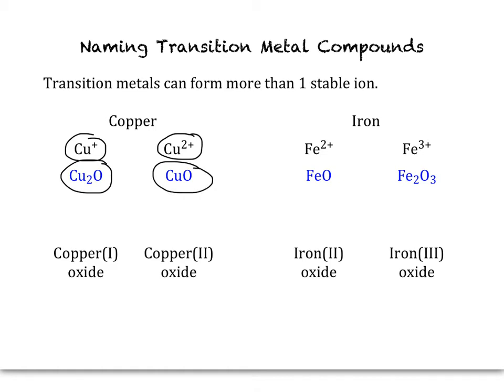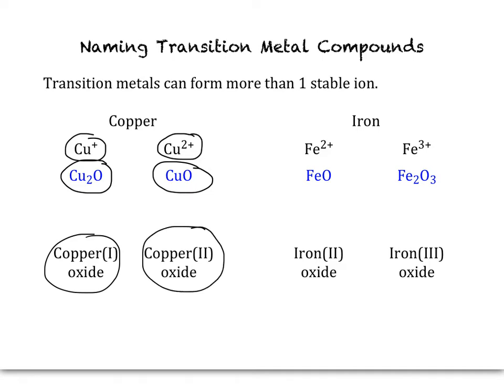To tell them apart, we state which copper ion we are talking about. Cu2O is made up of Cu1+ ions, so is the copper 1 oxide. CuO is made up of copper 2+ ions, so is copper 2 oxide.